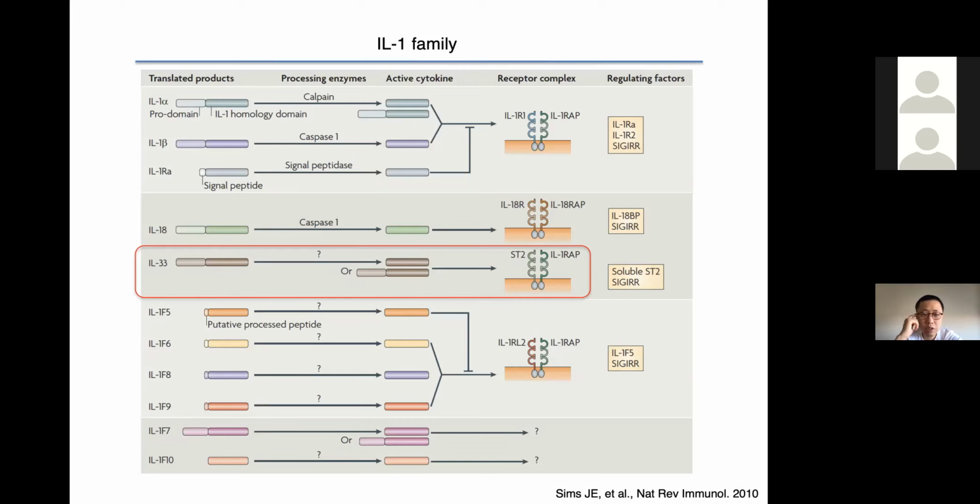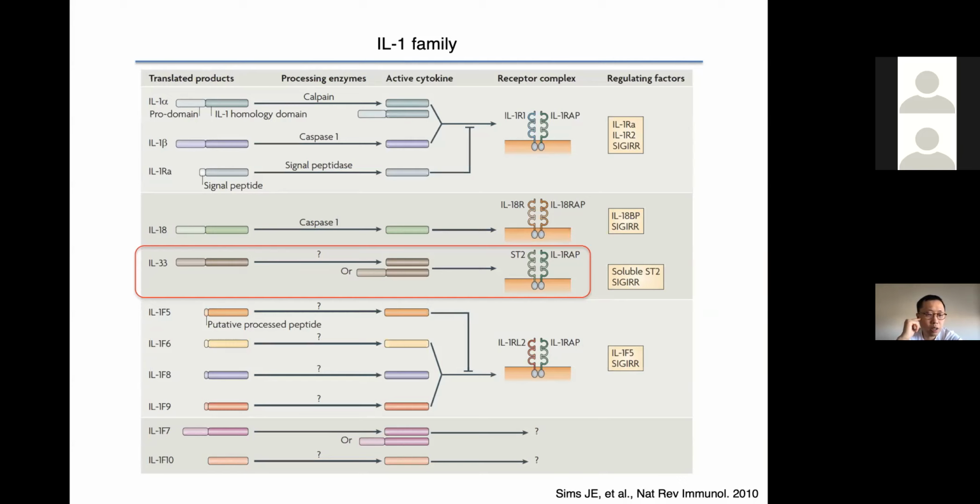This cytokine was discovered not more than 15 years ago and has become very popular, not only in immunology but also in development and metabolism. It is particularly interesting because it is not only a secreted cytokine but also a nuclear protein, which usually stays in the nucleus of cells and is released, not in the conventional way, only when the cell gets damaged or there is tissue injury.